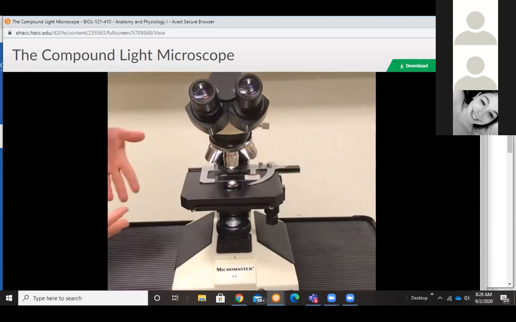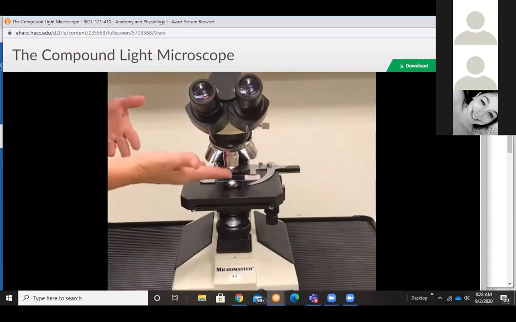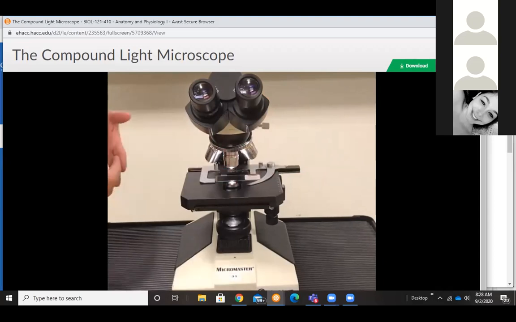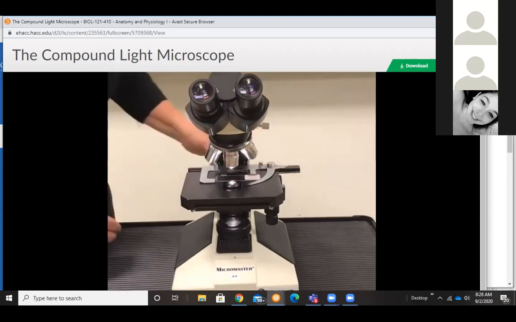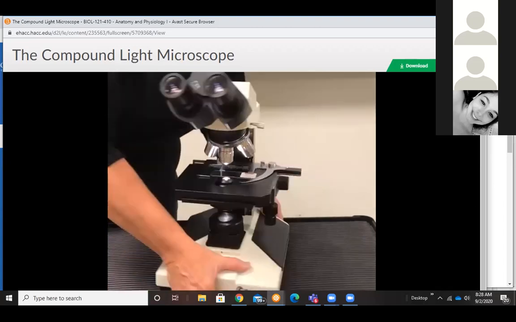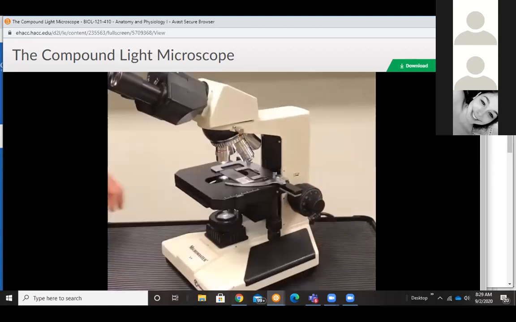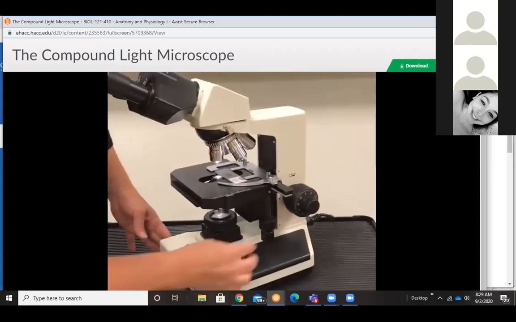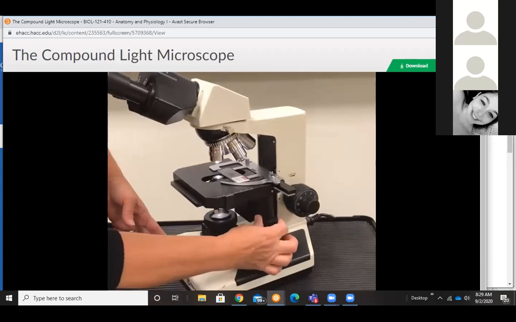You always want to position the stained specimen, or the specimen that you're looking at, right over the light. So there is a hole in the stage that allows the light to shine through. And we can adjust the stage by using these stage adjustment knobs. So here you see that we have a top dial, and that moves the stage front to back.